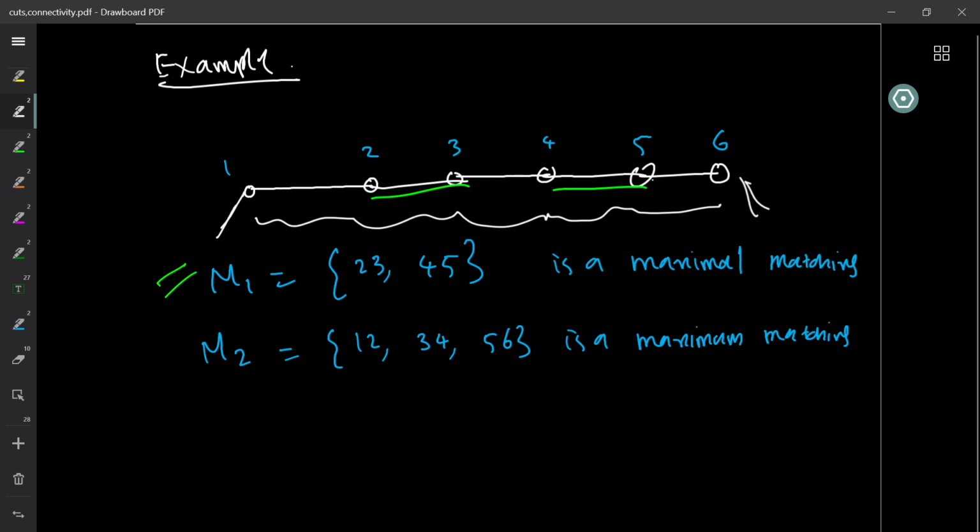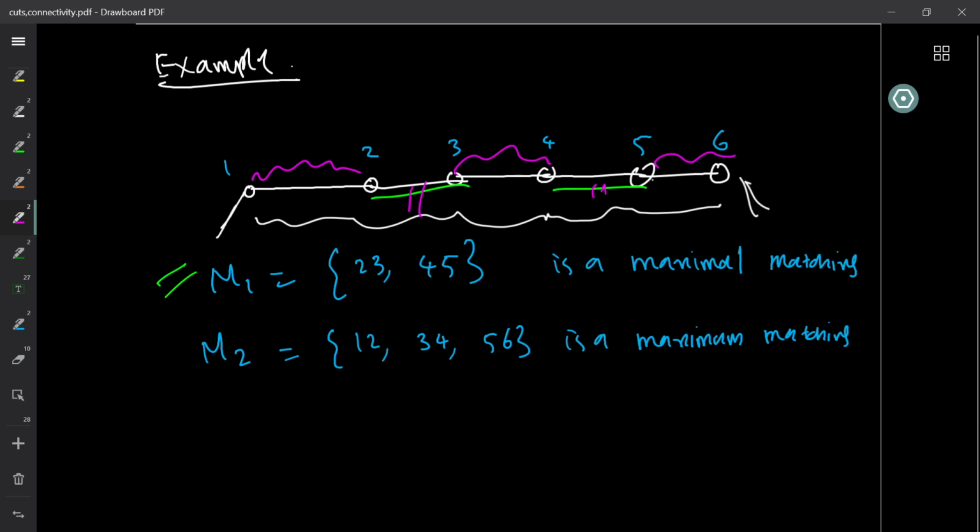So if you have an augmenting path, what you can do is just switch. You add these edges to the matching and remove these edges from the matching. Since these vertices were saturated, they are still saturated, and I get one additional edge in the matching, and it saturates more vertices.